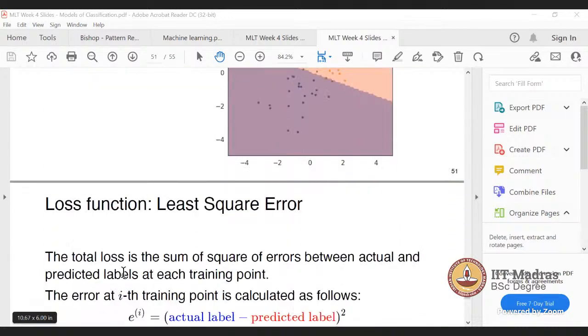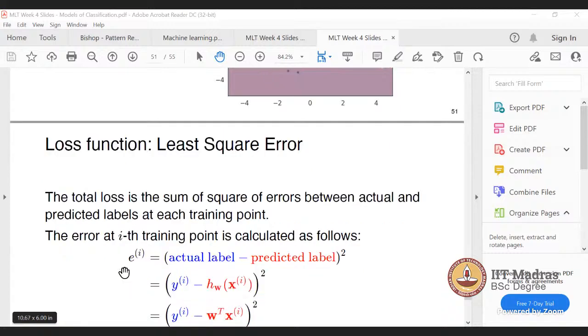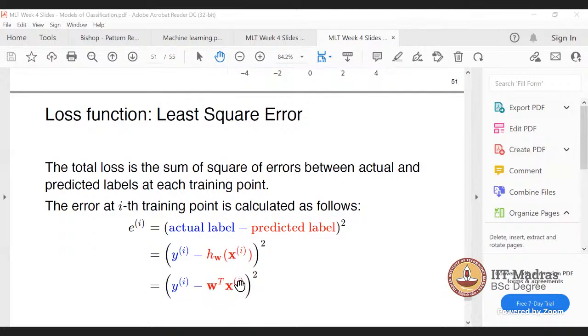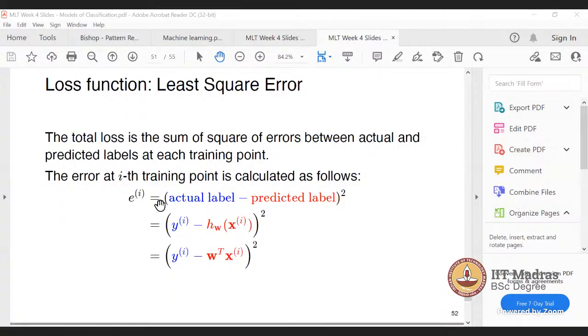so all these slides you can go through. So error is defined from the actual label and the predicted label. Predicted, you already know, is the linear combination of the features, and this is the actual label. So this is how you define the error. And remember, this is the encoded label vector, not just a class.